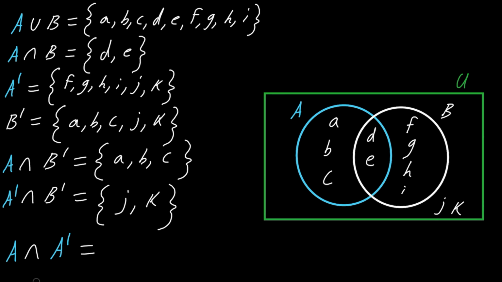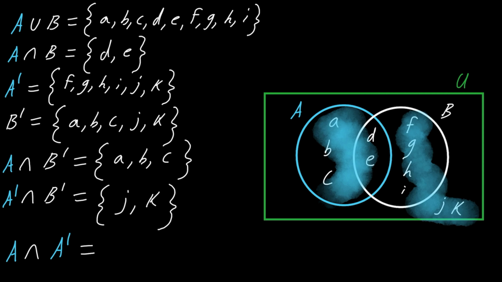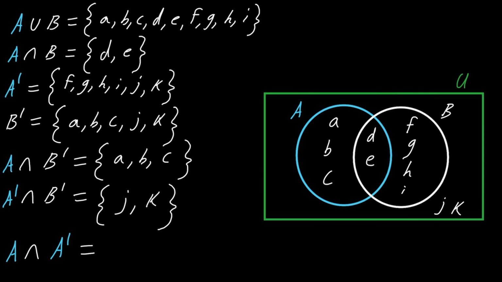A intersecting what's not part of A. So let's first think about what's A. A is all of that. Now what's A prime? A prime is everything that's not A, so A prime is all of that. Does it ever intersect? Well, they never intersect. So this is what we call an empty set. And we denote that by writing a 0.